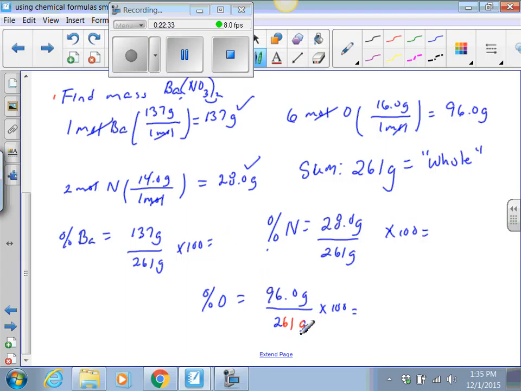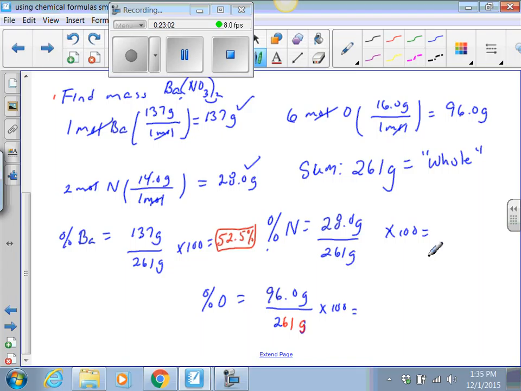And that is grams. Okay, so for the barium, we've got 137 divided by 261. And then we're multiplying by 100. That's going to be 52.5%. Nitrogen, quite a bit less. 28 divided by 261.